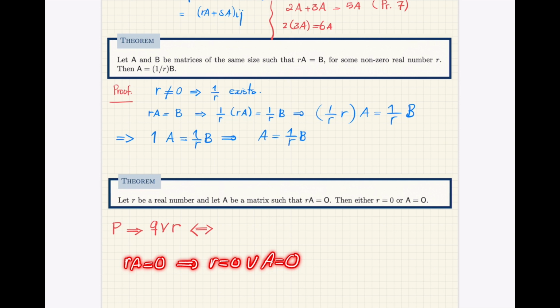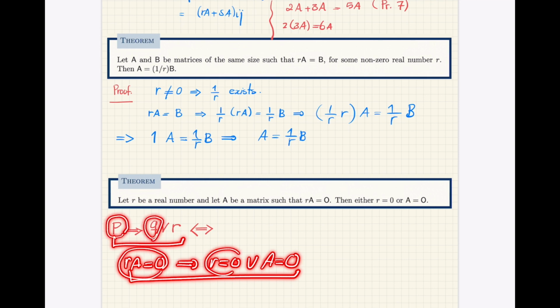I say that if you agree with me that R is equal to 0, then we are done. So assume that R is not equal to 0. We show that the capital A is equal to 0 definitely. So you see, do you see that the structure of this statement is similar to this statement? The statement P is this statement, statement Q is this statement, statement R is this statement.